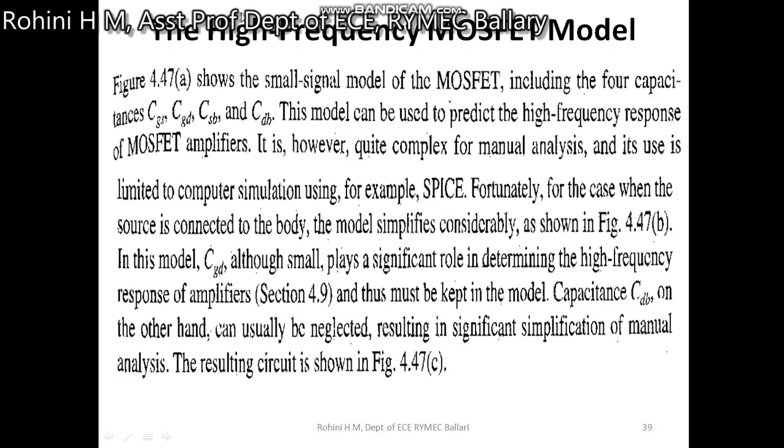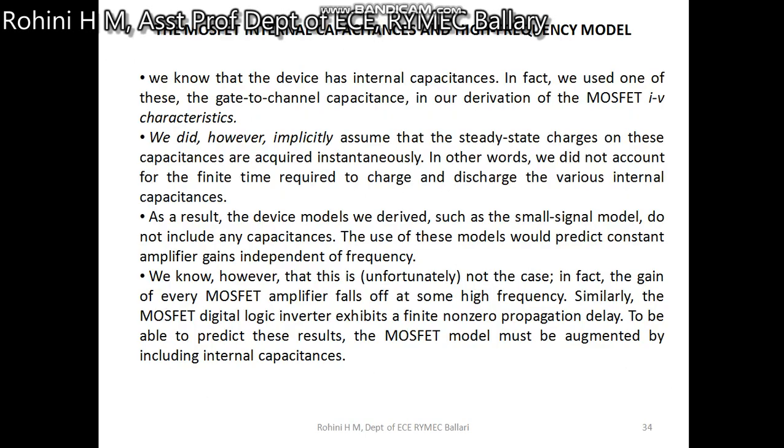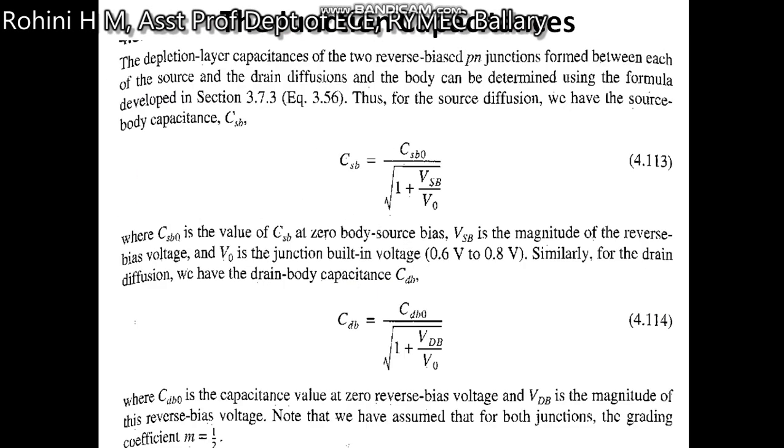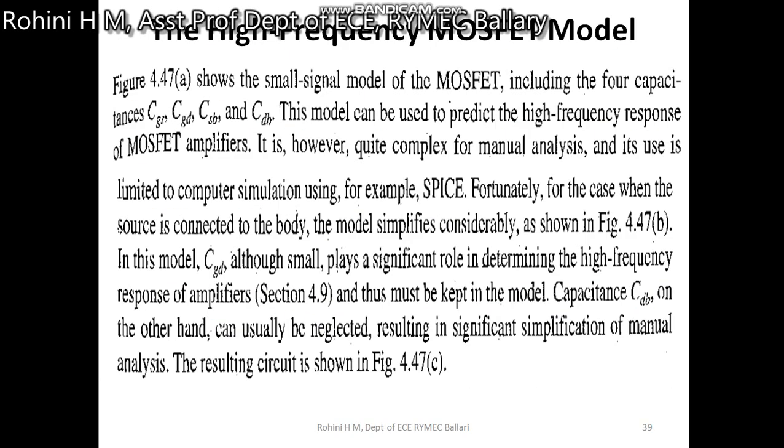Okay, next is the high frequency MOSFET model. So here we discussed the MOSFET internal capacitances. First is gate capacitance, next is junction capacitance. Now we are learning the high frequency MOSFET model, the MOSFET in high frequency operation. Here in the small signal MOSFET, we are including 4 capacitances, which we had ignored till now.